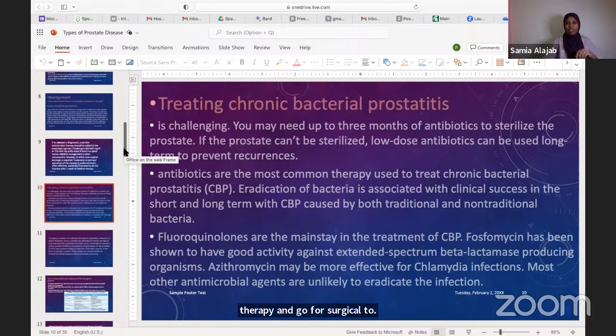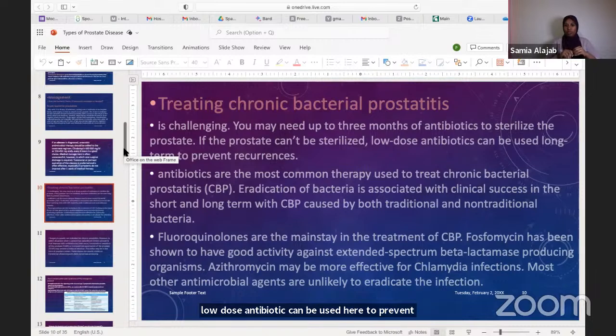So chronic bacterial prostatitis is a bit challenging to treat. You may need up to 3 months of antibiotic to completely sterilize the prostate. If the prostate cannot be sterilized, in this case, a low-dose antibiotic can be used to prevent recurrence.